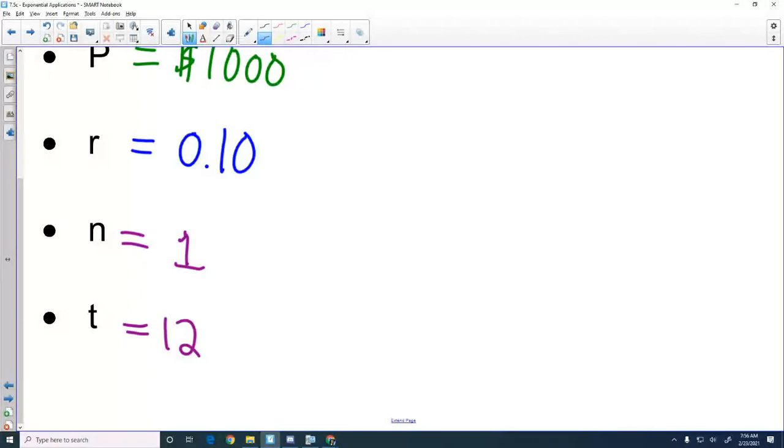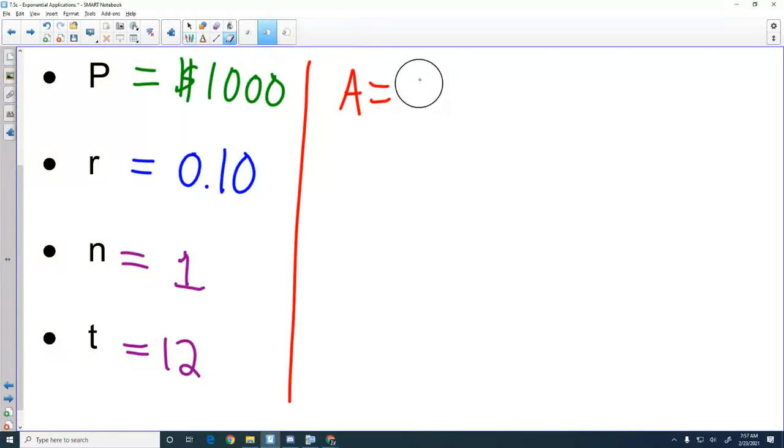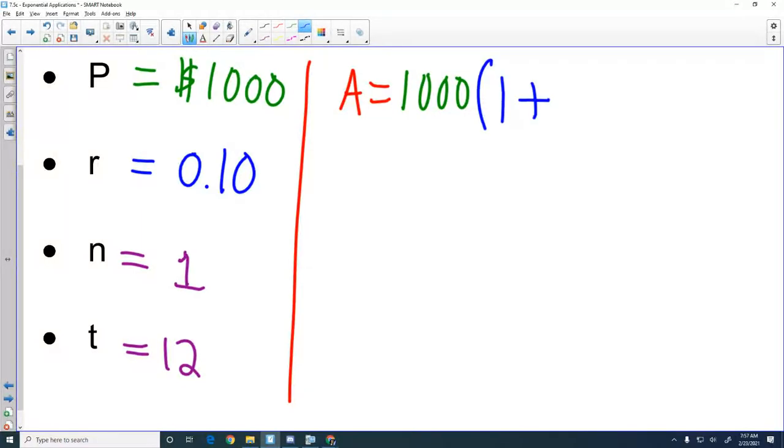Now, if we were to use that fancier formula with all of these values, would we get the same A? Would we get that 3,138? So A equals P, the principal amount. I'll stick to the color scheme here. 1,000 times 1 plus, and now if you look at that formula, it's r divided by n. 0.1 divided by n, but what is n?